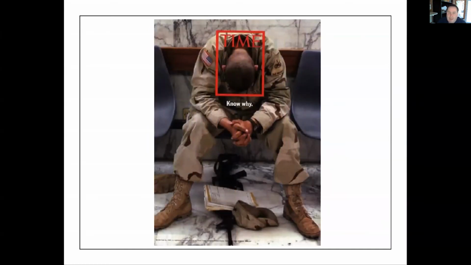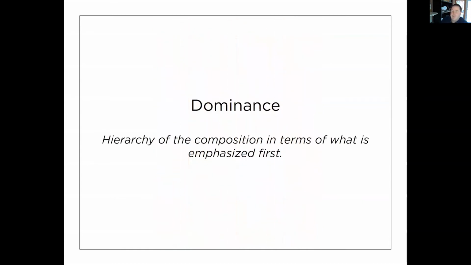All right, we've got this where our attention is brought to the Time magazine cover. And then you just see the guy looking down, and that direction is brought down to the rest of the ad as well. So there's very good direction in that.